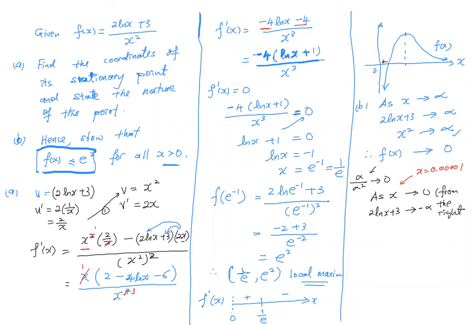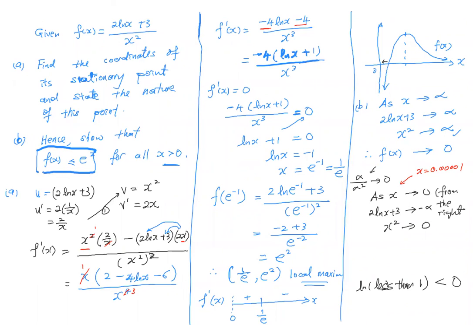If ln of a number, you can put into your calculator, ln of any number that is less than 1, the value is less than 0. Correct? So then your x squared will approach 0 also, correct?